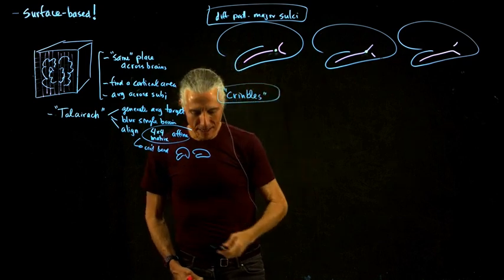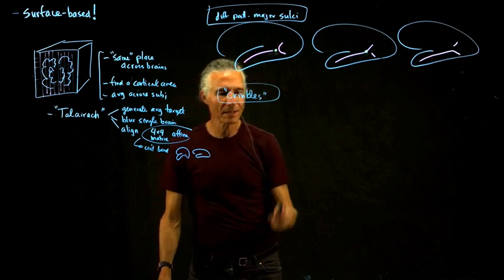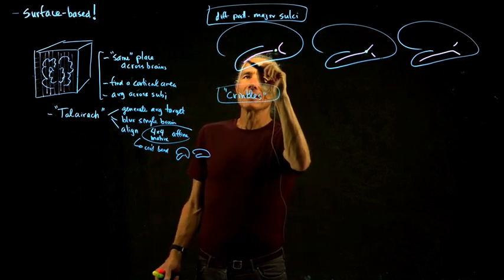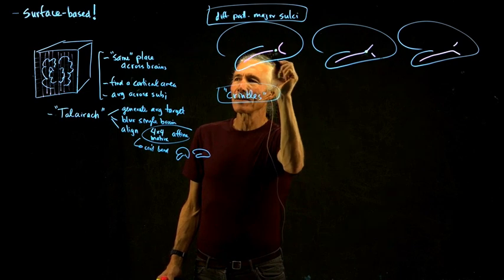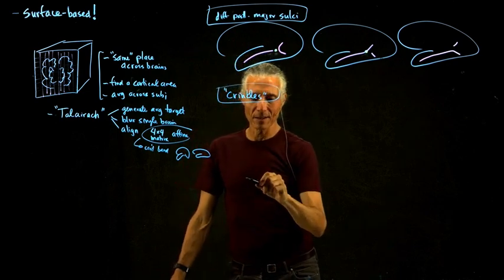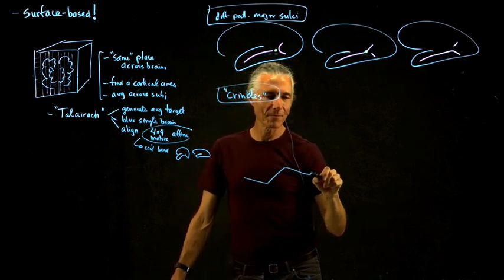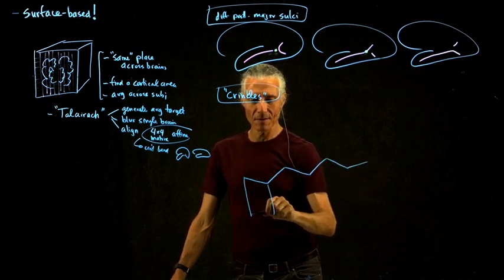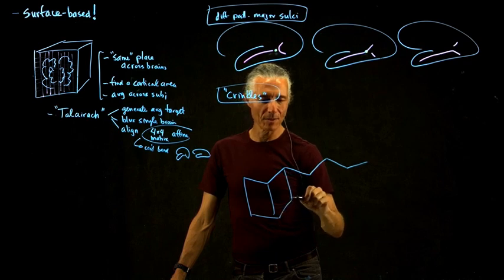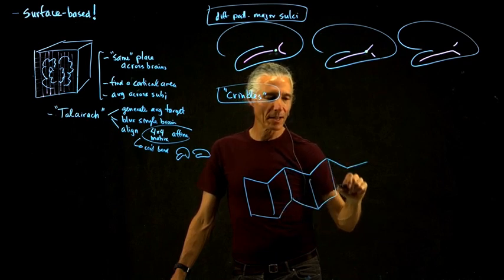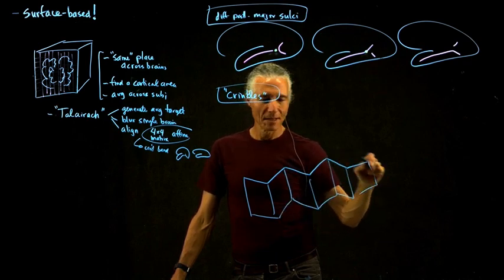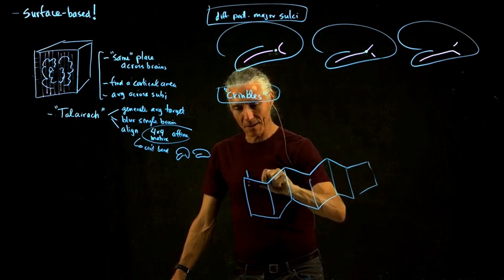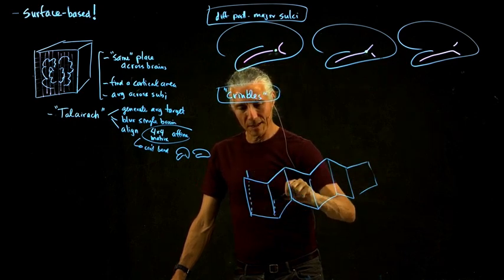If you actually look at any sulcus, like the STS, which is a major sulcus, it doesn't look like that. What it looks like is it's got all these little crinkles in it. So if this is a drawing of the banks of the superior temporal sulcus, if you look at any brain, you'll see that the sulcus looks something like this.